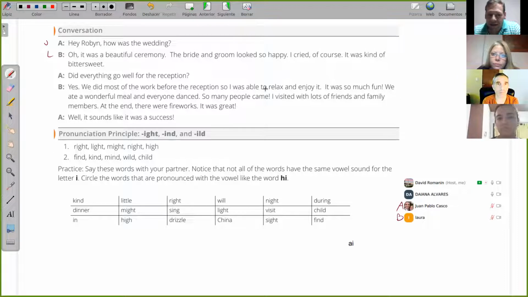And look at this, in particular, the ceremony. Robin says that it was a beautiful ceremony. But then it says it was bittersweet. Why? Can you explain with your own words? Because Robin cried. Because she cried. Why did she cry? Because he was happy. Okay.